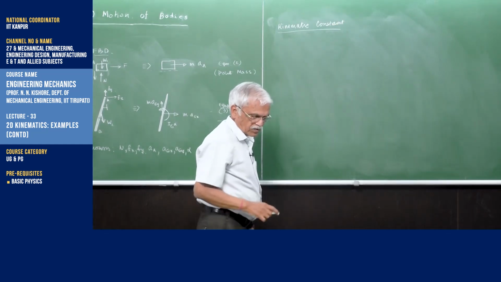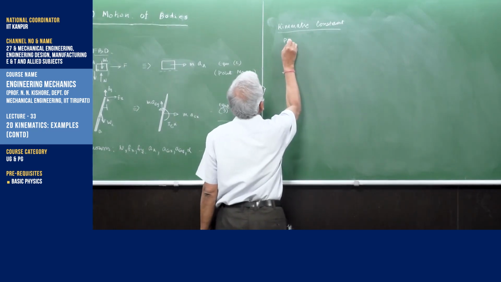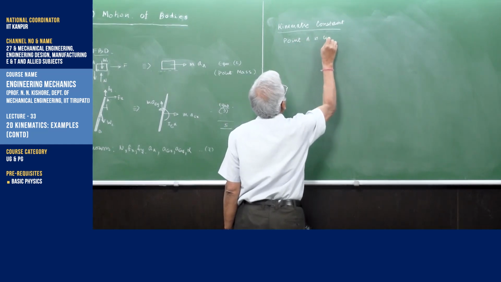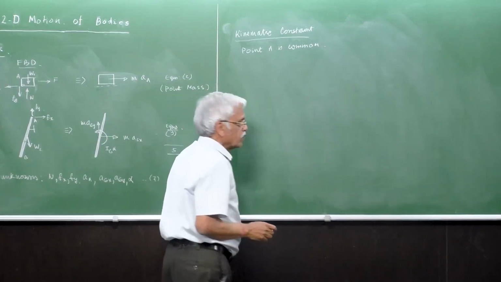The kinematic constraint here is that point A is common for both the bodies.